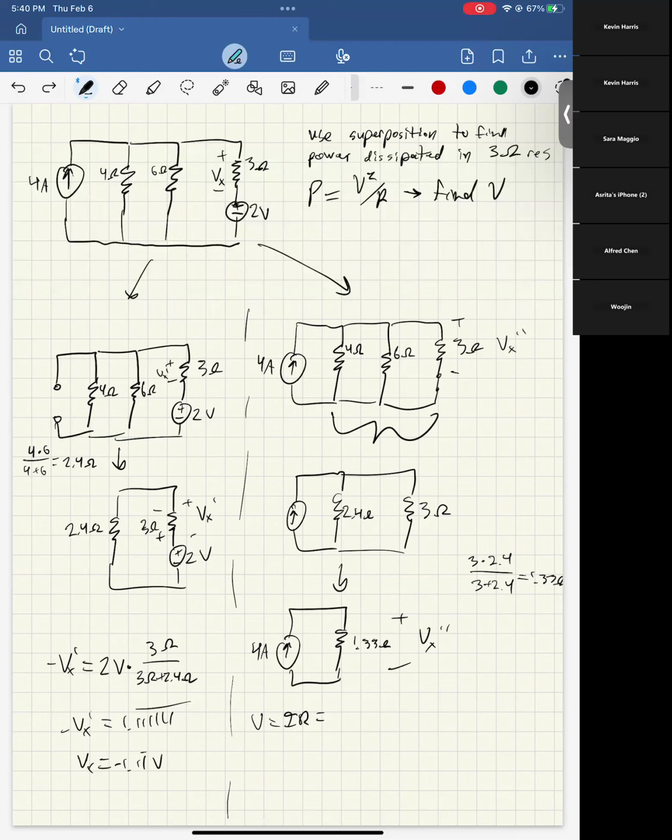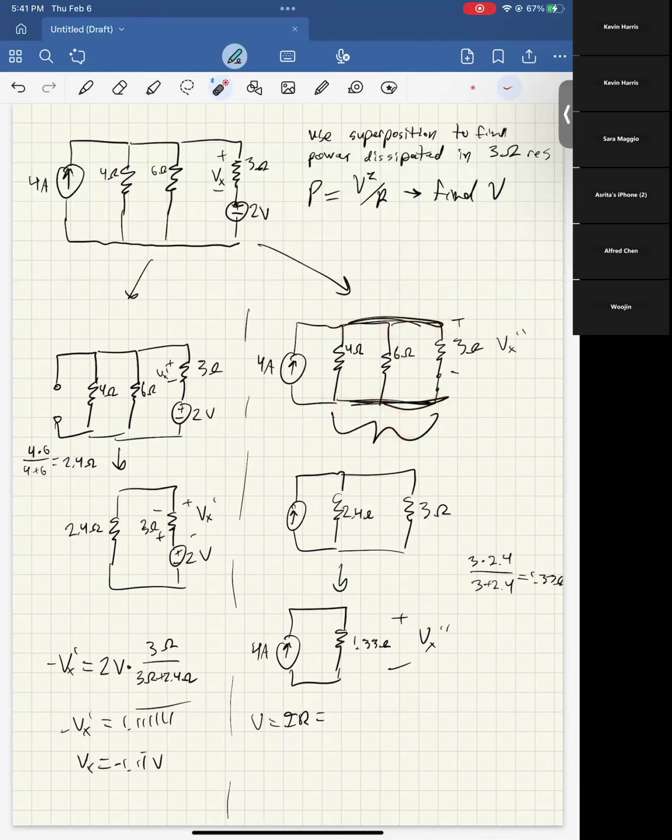When you have components in parallel, they all have the same voltage because they're all connected on the top and they're all connected on the bottom. So if I have some voltage here and some voltage here, then this one also has that voltage and this one also has that voltage.